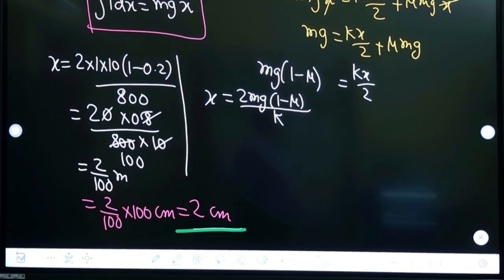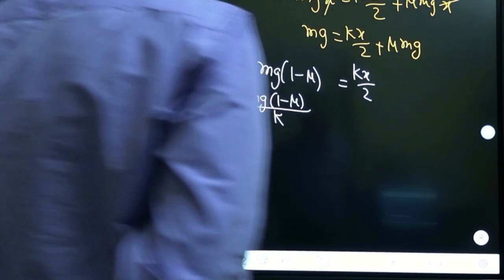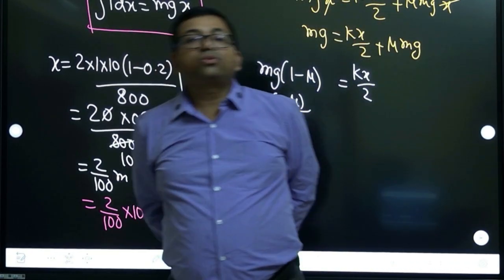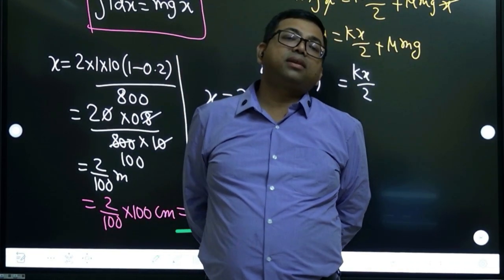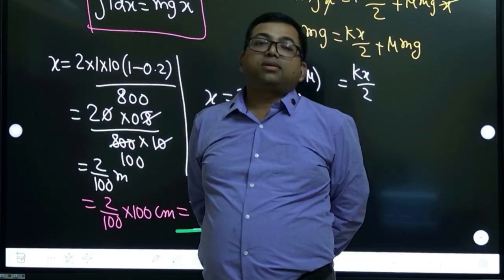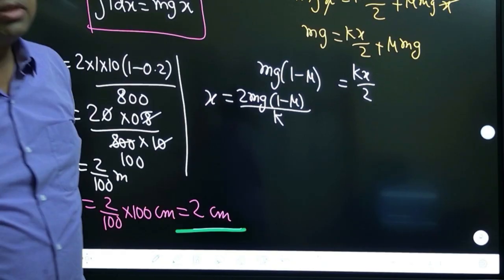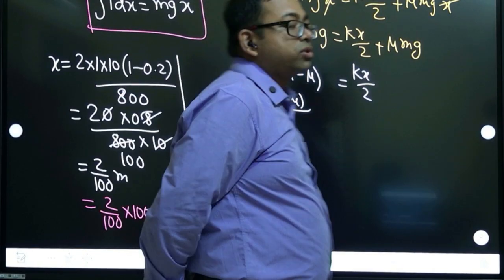It is a very tough level of questions. Some questions may be easy, not that all questions will be tough. Some questions are easy questions also. Some questions in Advanced are like Main level questions. But most of the questions, 50 to 60 percent, are tough level questions.